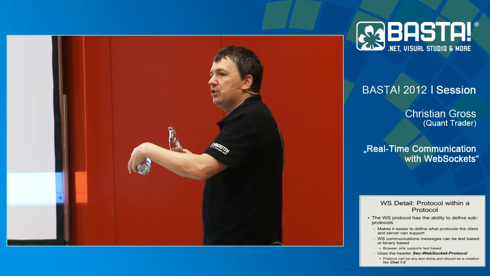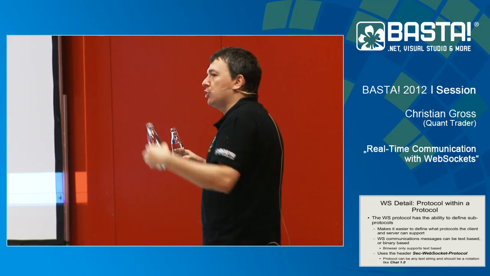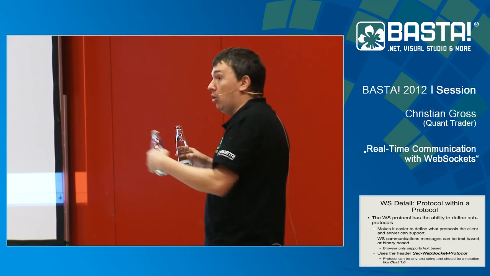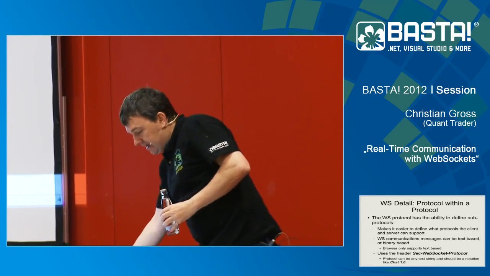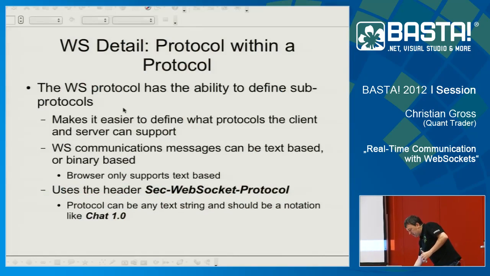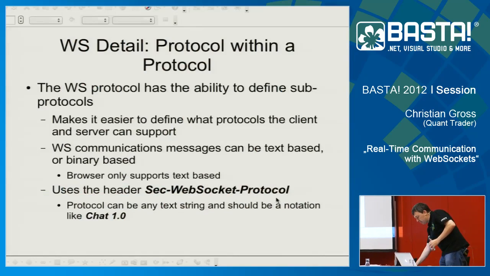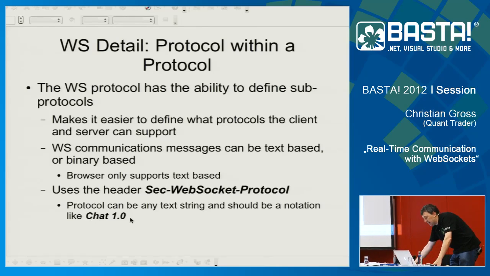You don't have to create your own packet to define, oh, I'm going to talk about ships or bicycles. What you do is add on a header, Sec-WebSocket-Protocol, and in it you type, oh, I want to talk chat 1.0.